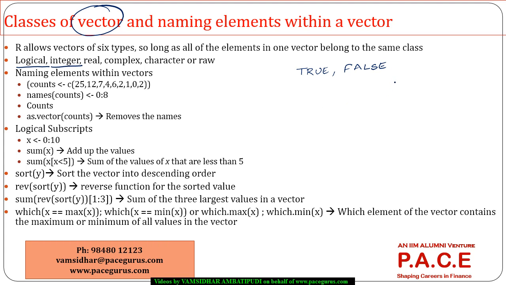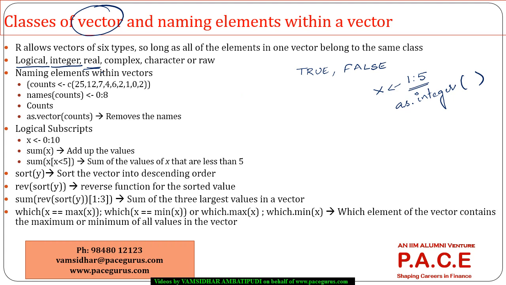Integer: if I am defining a sequence directly allotting to a variable, by default the type will be an integer. Or any other numeric, if I have converted it into an integer using my coercion mechanism as.integer, then also the type will become integer.